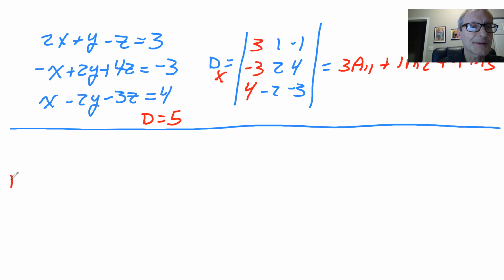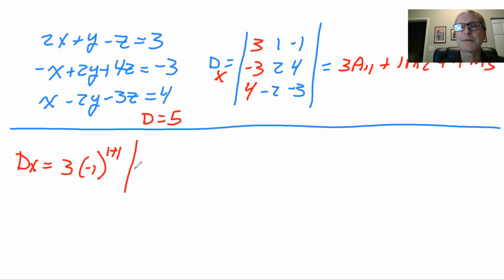So let's calculate the dx. And I will just walk through this step by step again. So the determinant x will be the 3, and then that would be -1 to the 1 plus 1. All right, and then, let's use a different color here, let's say green, we cancel these out.